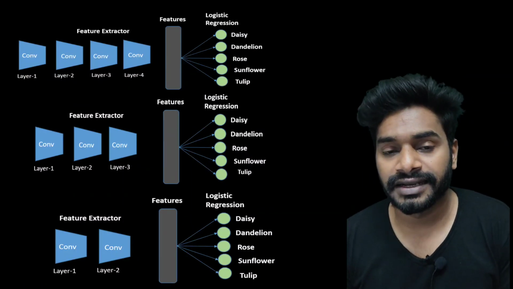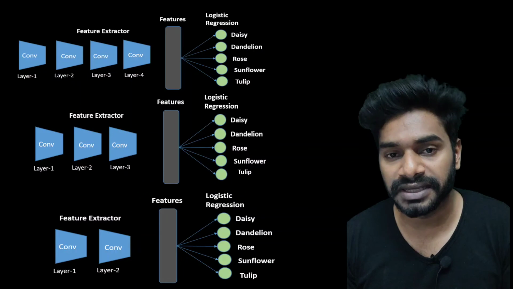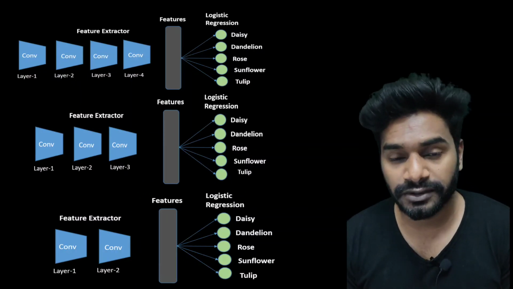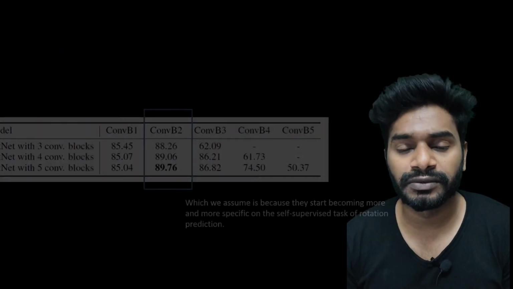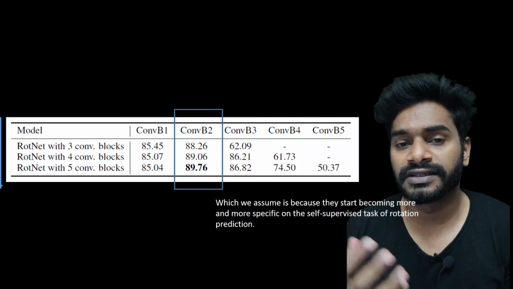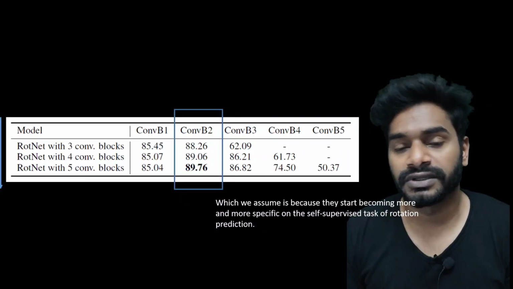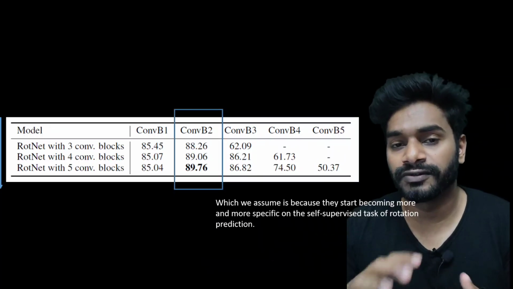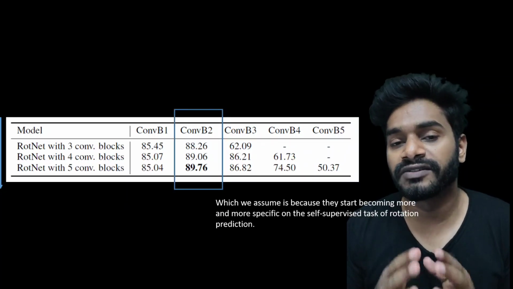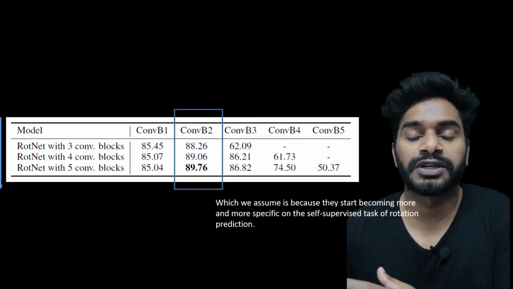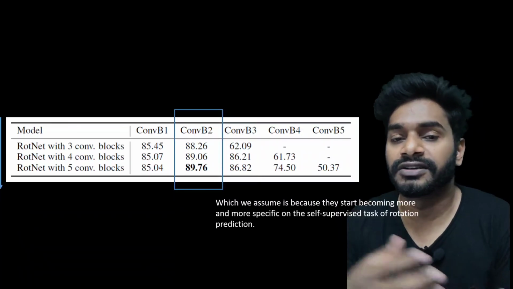But nonetheless, the idea was to understand how it's implemented and how it's evaluated, and that we did in this couple of videos. And this also complies with the paper, that in their case also the features extracted after the second conv block were giving the best result, because we are training to predict rotation. So if you take features from deeper layers, those features are more oriented toward predicting rotation and are not very generic features.